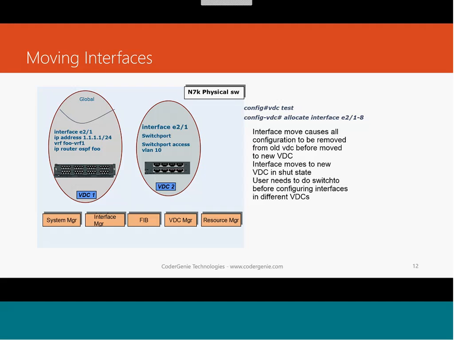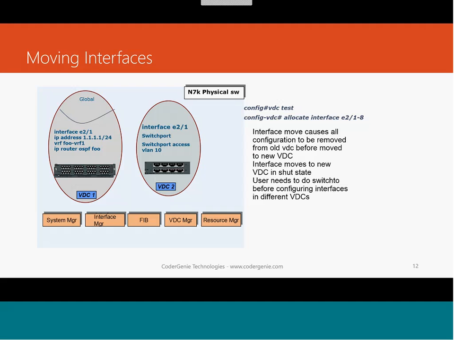Unless you configure another VDC and allocate those interfaces, they are going to remain in VDC0. They are not going to be used by any other VDC, so those will be unallocated, unutilized resources available within the system.